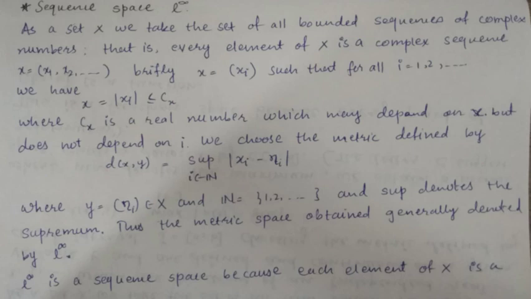So how can I define a metric on this space L infinity? That is dxy equal to the supremum over these two sequences. Here sup denotes the supremum. Thus the metric space obtained is generally denoted by L infinity, and here L infinity is a sequence space because each element of this space is a sequence.